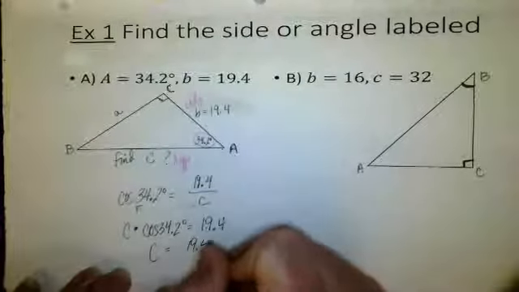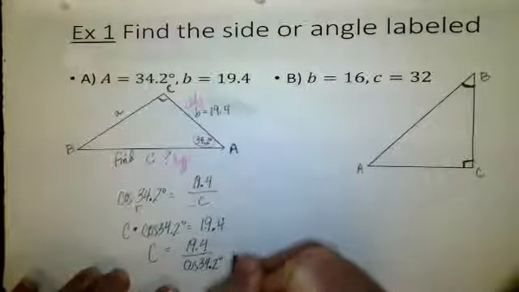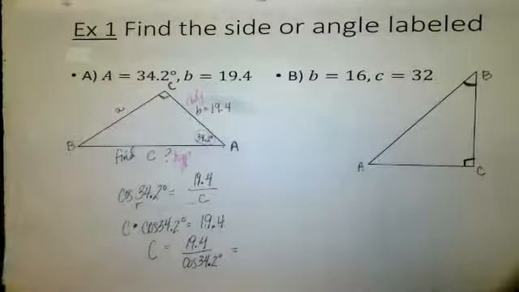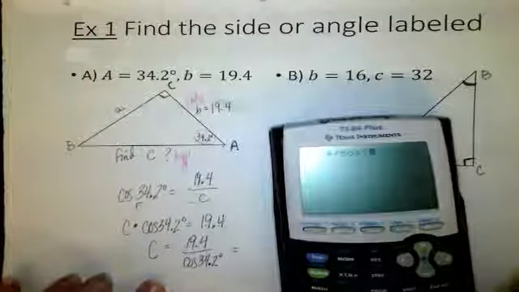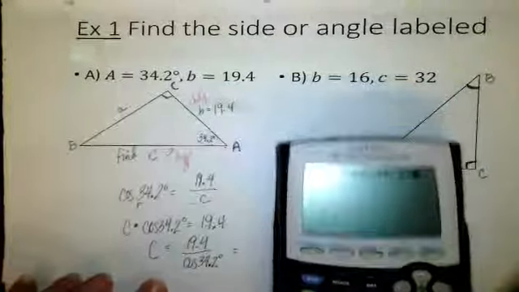So 19.4 divided by the cosine of 34.2 degrees. You can see they just sort of traded places. And we type that in. 19.4 divided by the cosine of 34.2 degrees.